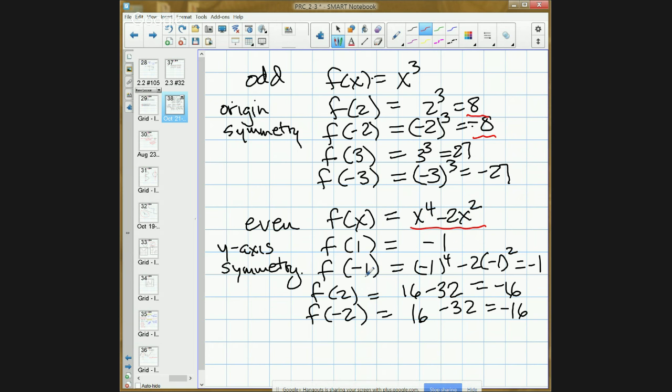What happens when you plug in a negative 1? Well, you come out with a negative 1 again. So notice this time when you change the sign on x, y stays the same. Does that work? I did it again with 2. Yeah. So now you see, this is just a visual practice of how you find out which kind of symmetry a graph has.